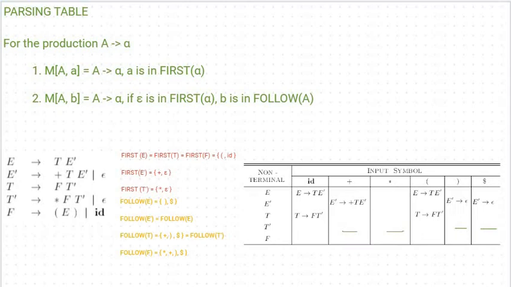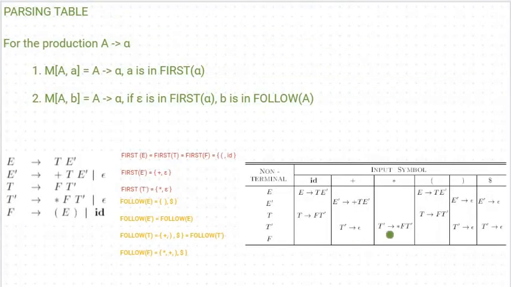Just see here. T dash tends to star FT dash has been added in star column, and the production T dash tends to epsilon is being added in plus column, close bracket column, and also dollar column.